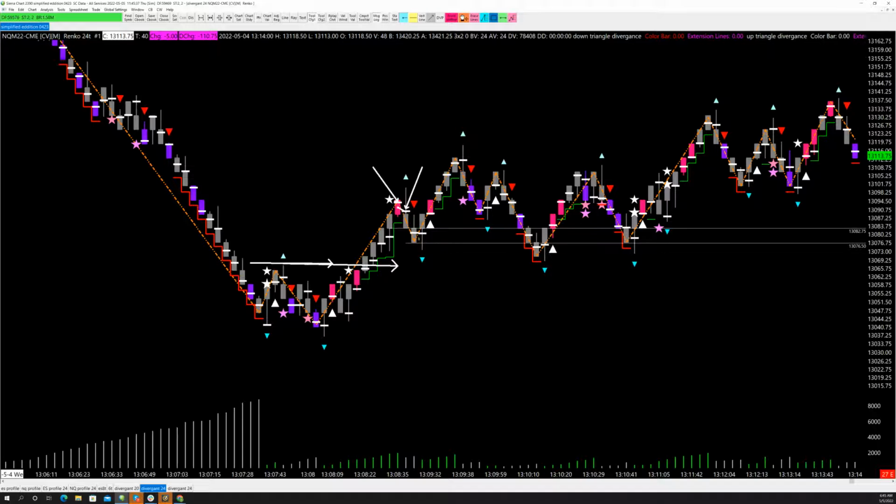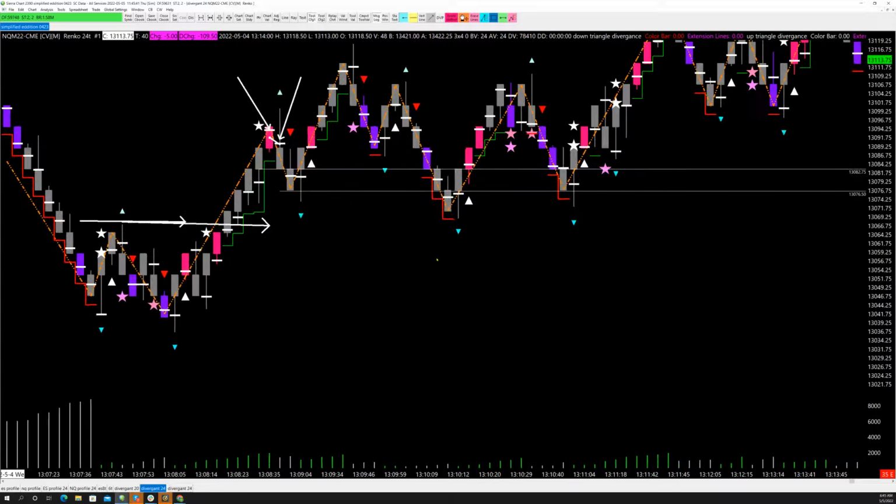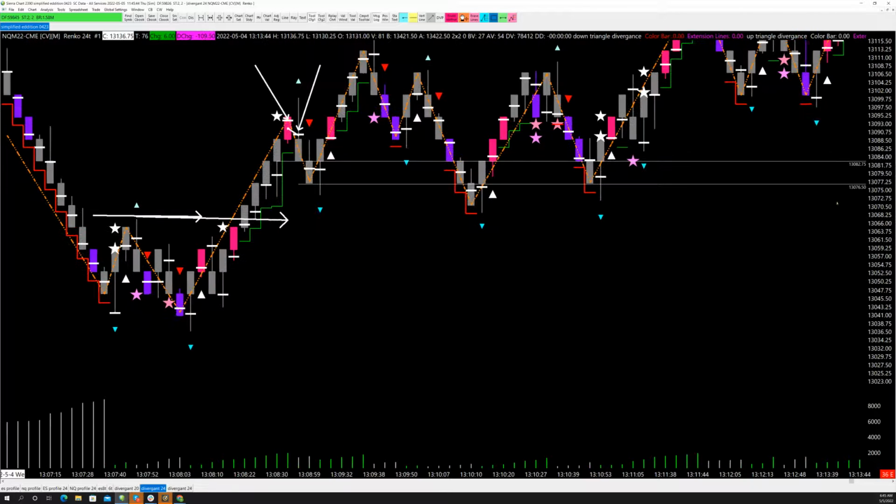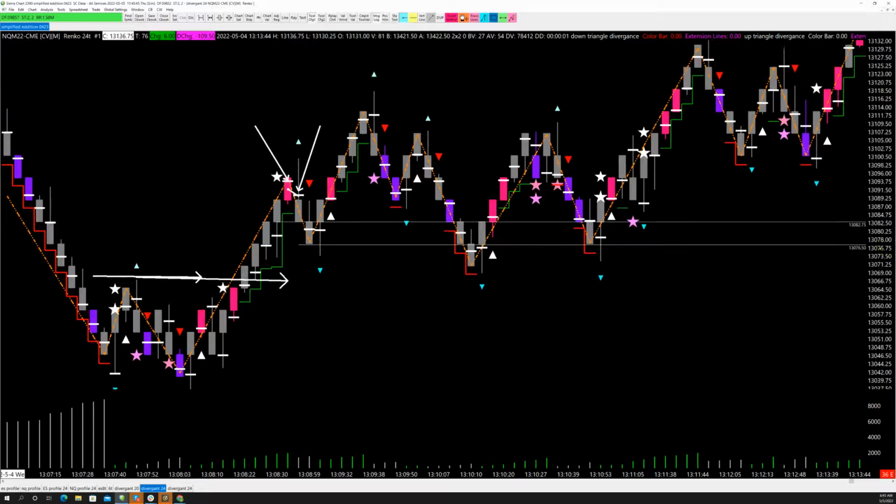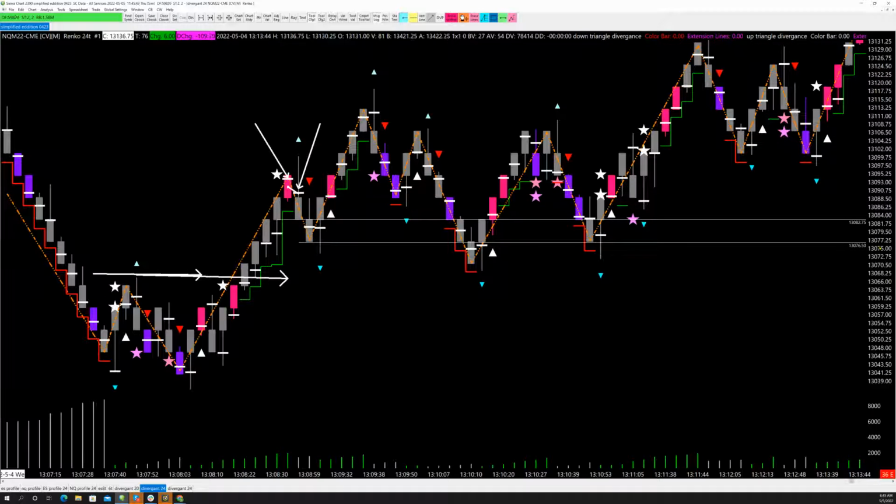Now let's zoom in on this trade, right? If you had shorted that, there's nothing wrong with shorting that trade there if you could move the pieces around quickly enough. Your entry would have been here, your scale would have been here, and now you match your stop to your scale.